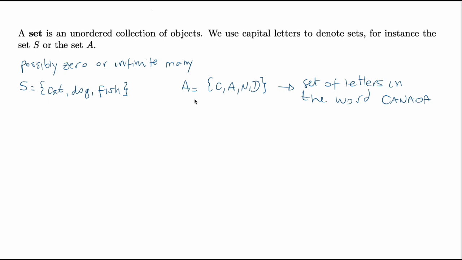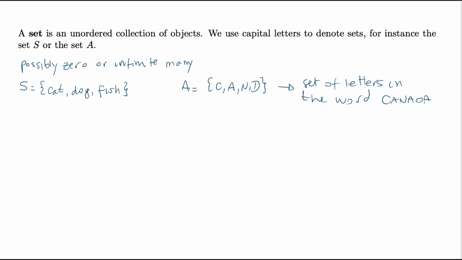Another example would be set A, that has elements letter C, letter A, letter N, and letter D. I could define the set A equal to {C, A, N, D}, or I could give you a description of what I'm talking about. So I am talking about the set of letters in the word Canada. And again, this is an unordered collection of elements or objects.